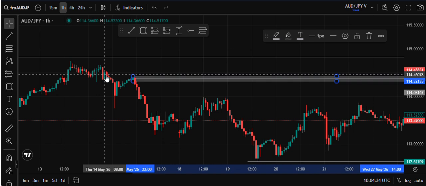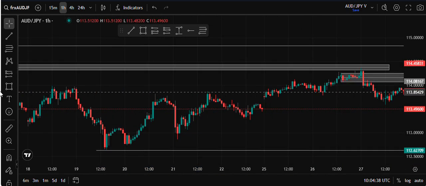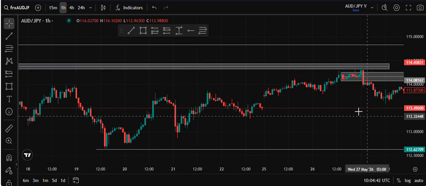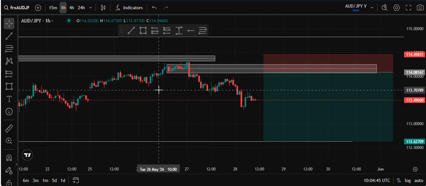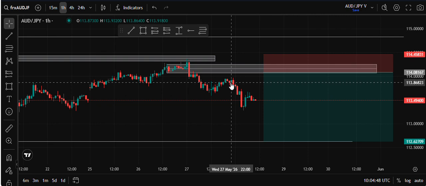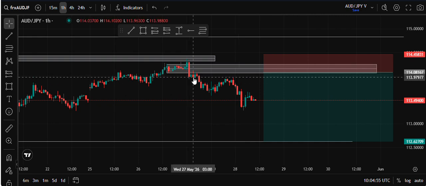It did come into this level, then went down. Let us see. Yep, same thing. It came into that level, went down. So yeah, it might be up to this level. But it didn't really come into this level, yeah.